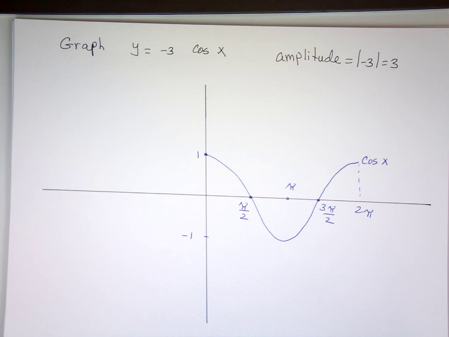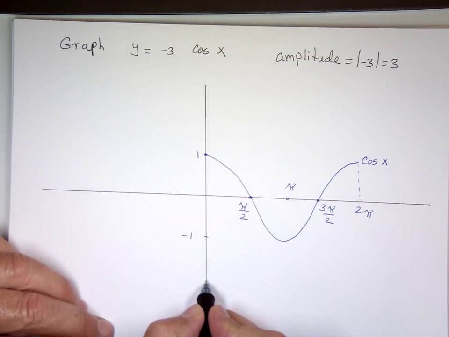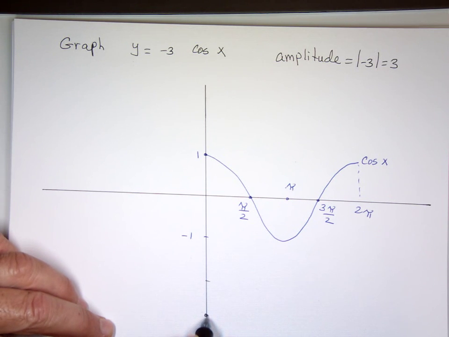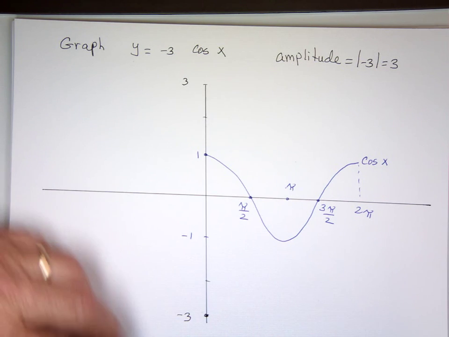So instead of starting with 1, what are we going to start with? If that was plus 3, you'd start at 3. But because the minus sign is going to flip it, you're going to start from negative 3 and go as high as 3. So the graph should look like this.